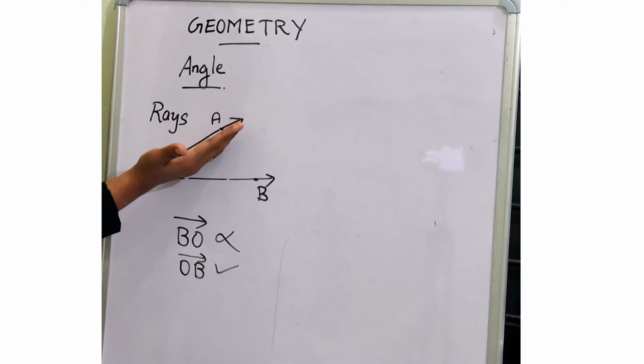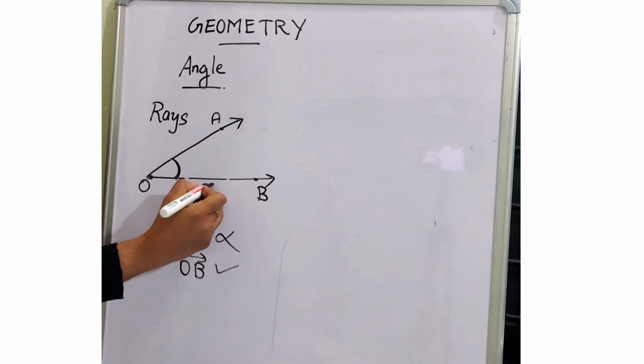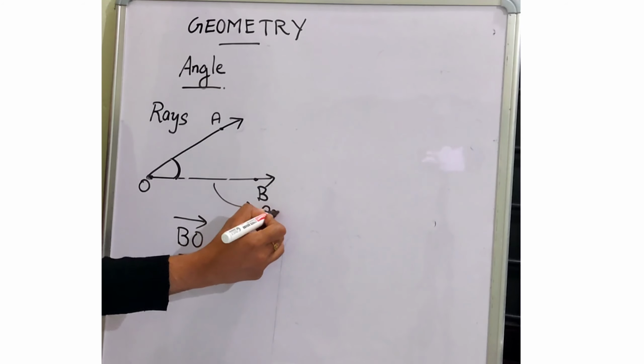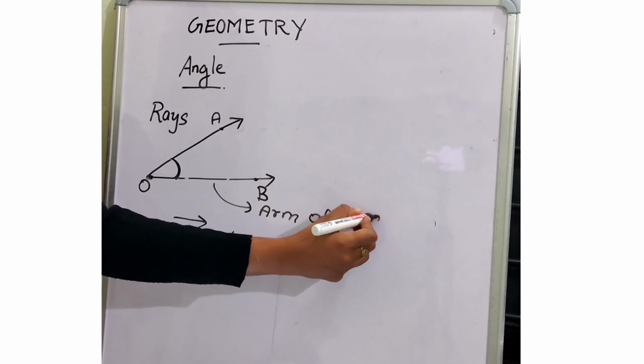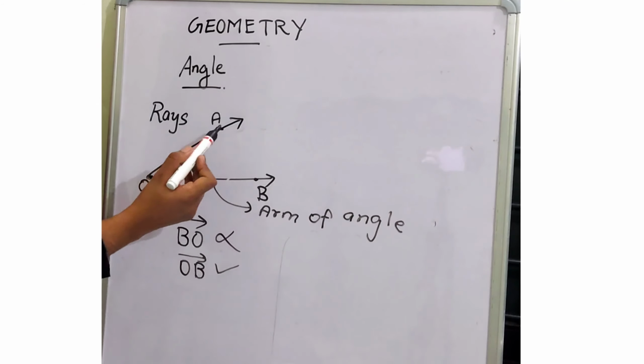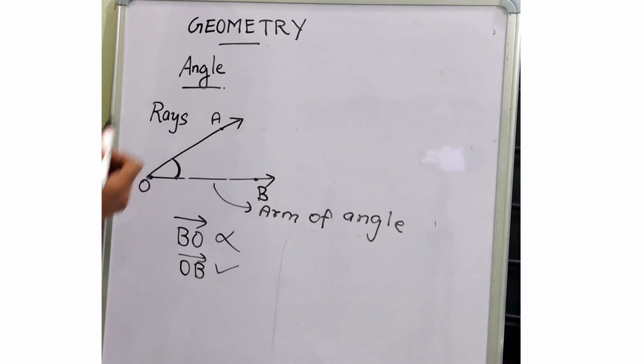And these rays by which the angle is formed are called what? Arms. This is called an arm of the angle. This is the angle, and ray OB and ray OA are called the arms of the angle AOB.